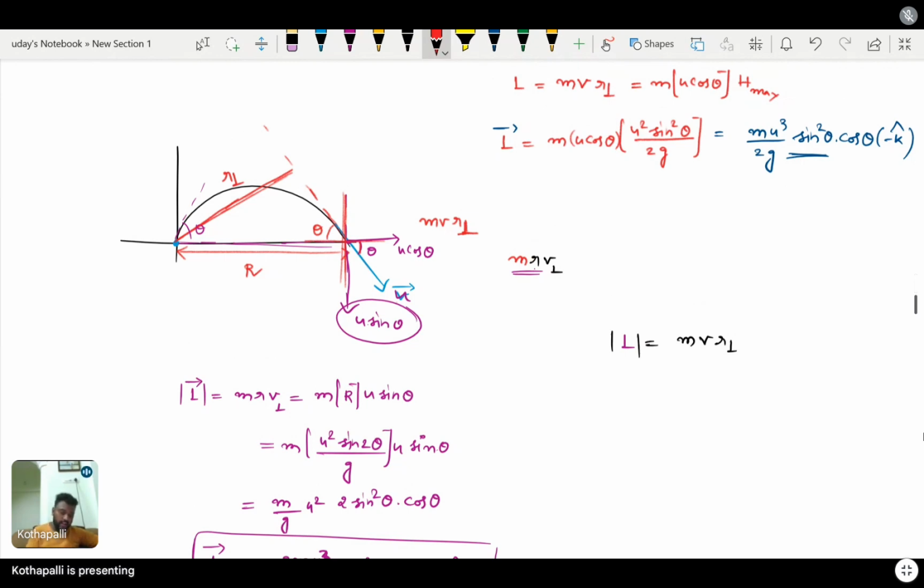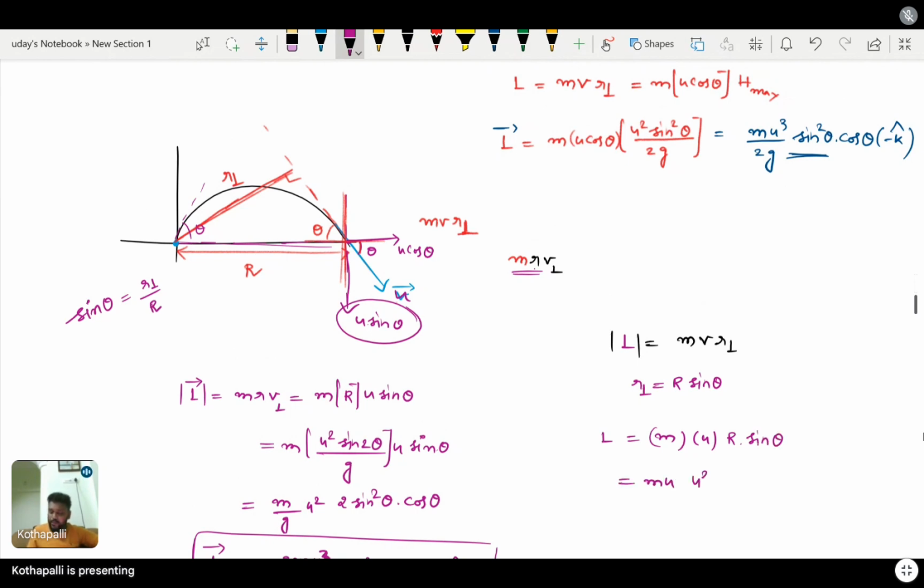Now this is R, this is the perpendicular point. What can I write for R perpendicular? I want this value, and I know this value as R. Using sin theta is opposite by hypotenuse, from the triangle sin theta equals R perpendicular by R. So R perpendicular is R sin theta. So now L will be M into V, the final velocity, which equals the initial velocity in magnitude, U, into R sin theta.